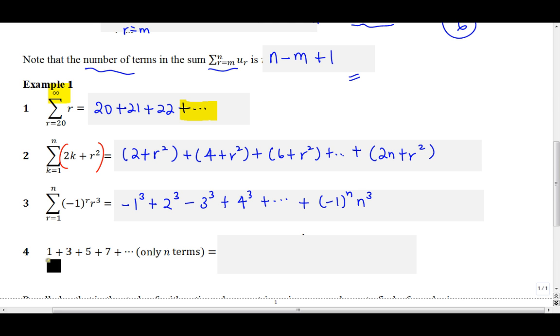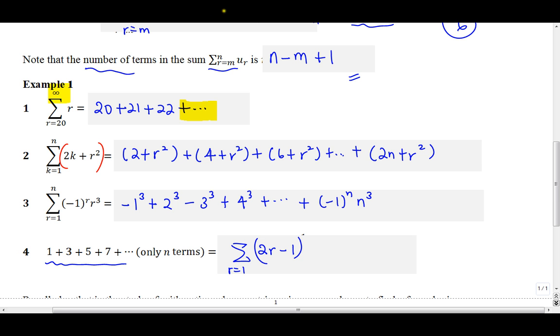Now, the objective of example 1 part 4 is to cast this into a summation sign. So what is the general expression for this? It's not difficult to see that it's 2r minus 1. Because I sub r equals 1, I get 1. r equals 2, I get 3. And 5, 7, etc. Now interesting, you should note what is the last term here?